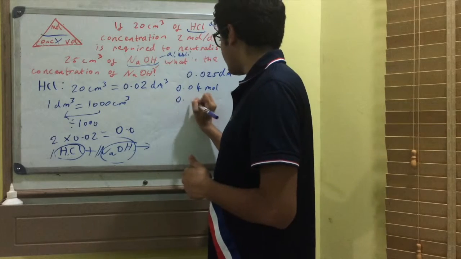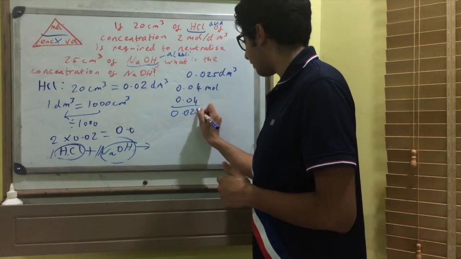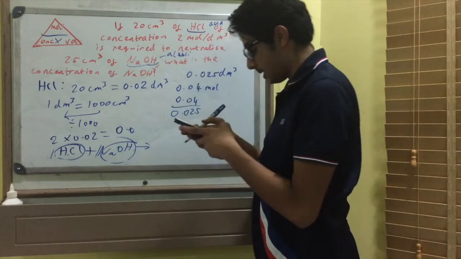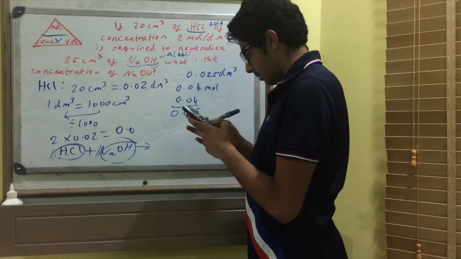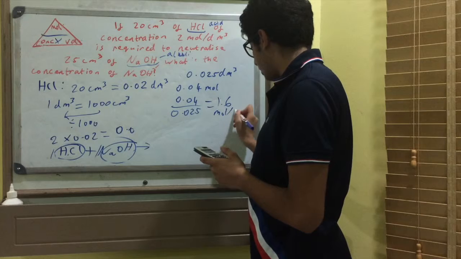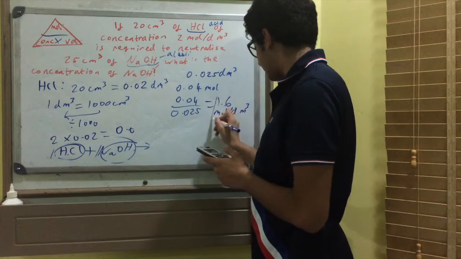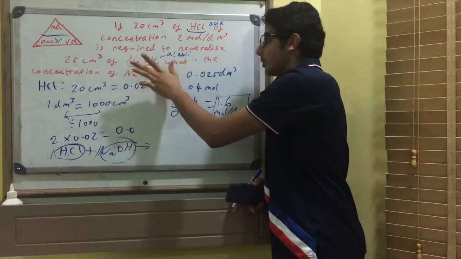So, 0.04 moles divided by 0.025 decimeters cubed turns out to be 1.6 moles per decimeter cubed. And that is the concentration of sodium hydroxide.